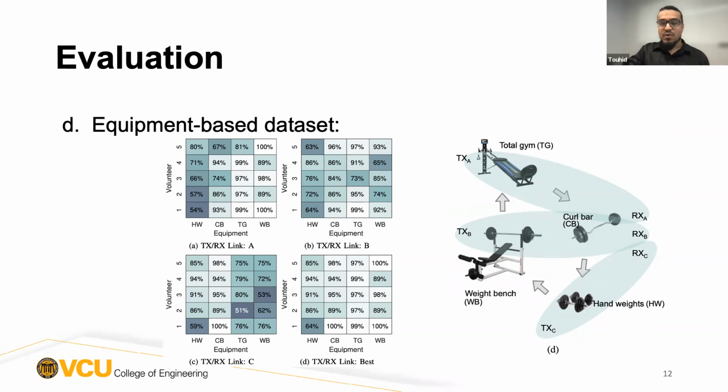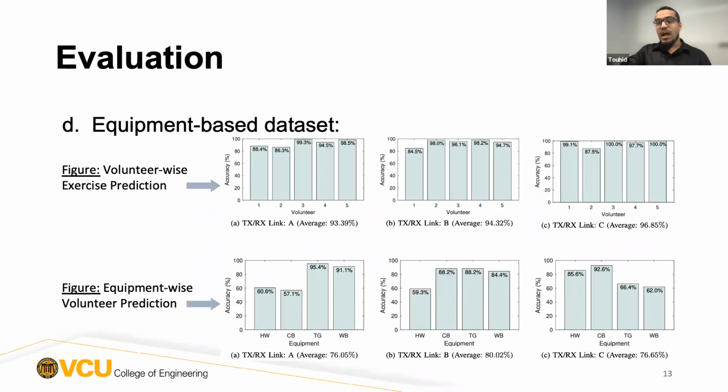It can be due to the small movements of the hand weights compared to the activities performed at the other equipment locations. Next, we consider how well our system can predict which volunteer is doing which exercise as 2 separate problems.